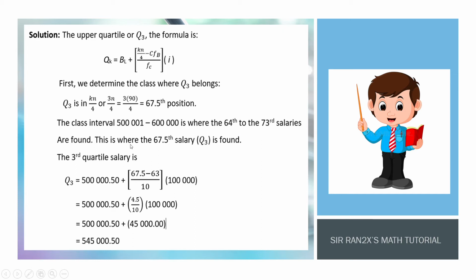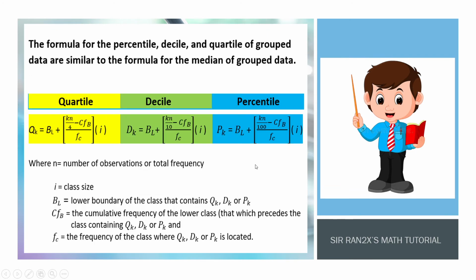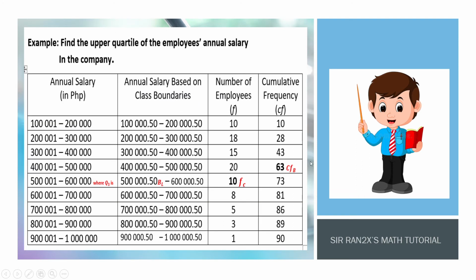This is where the 67.5th salary, or quartile 3, is found. I want you to check here. Our 67.5, oh, it's not 64, it should be 63, is located somewhere between 63 and 73. So you're going to use the cumulative frequency to locate it. Meaning after you get the answer here, you look into the cumulative frequency where you can see that, but it's not found here.